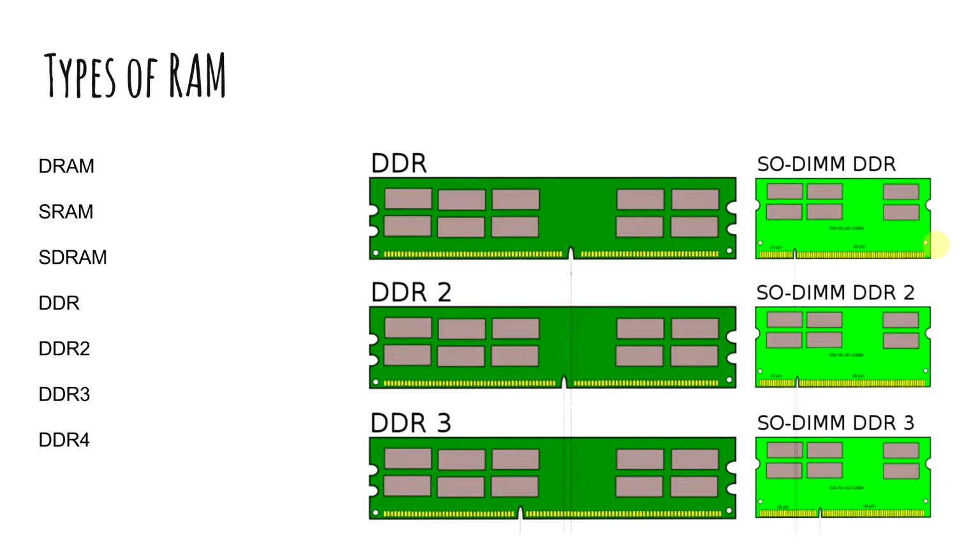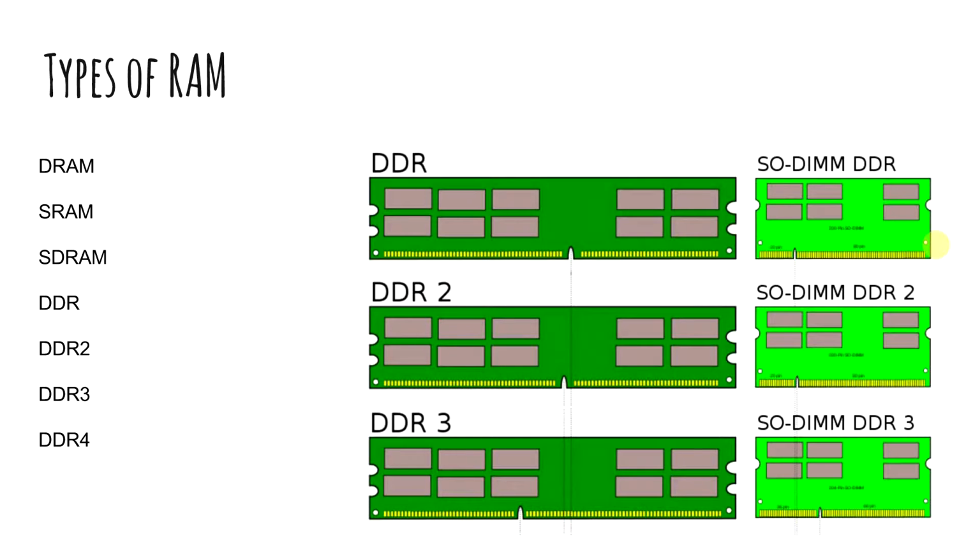Your DDR RAM is your double data rate SDRAM, which is the newest type of RAM, which is what we use currently. We won't really go into the DRAM or the SRAM because they're basically obsolete. You shouldn't find those almost anywhere. In fact, the only real relevant memory as of now is DDR2, DDR3, and DDR4, and even then DDR2 really isn't all that relevant anymore.